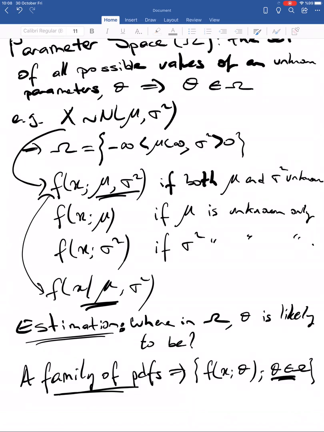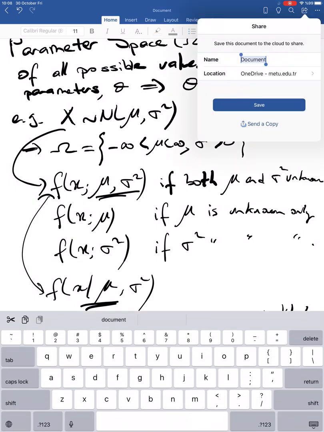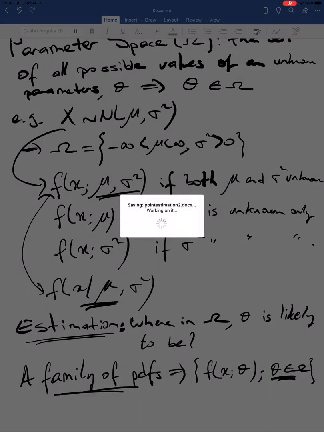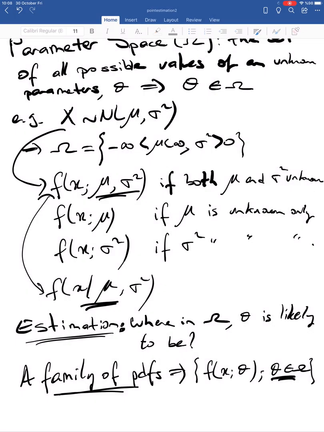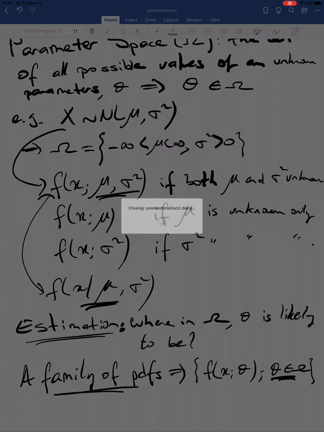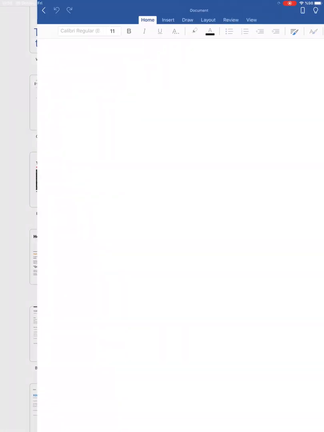It's not working either. Again, let me save this as point estimation 2. Okay, save it. Let me open a new page. I need to find an easier way to do this.